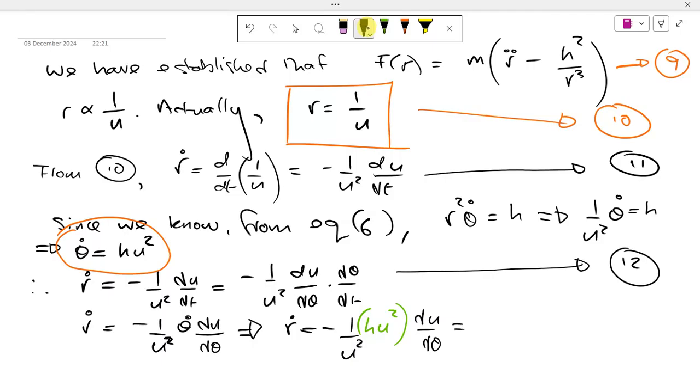And that comes out to be equal to minus h du by d theta. And we'll call that equation 13.